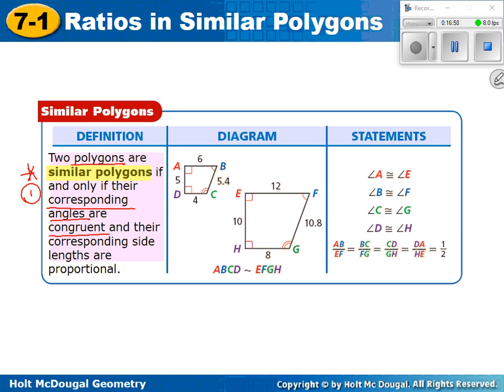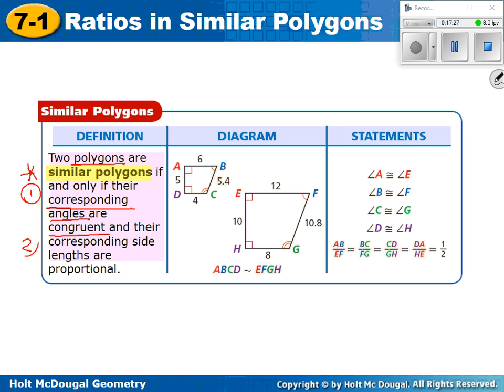The blueprint's going to be maybe an inch of length for the wall or 2 inches for the wall. You want your house to be maybe 10 feet or 9 feet or something like that. So the angles are going to stay congruent when you get bigger or smaller. Are the sides going to stay congruent? When your shapes get bigger or smaller, do the side lengths stay congruent? No. The side lengths are not going to be congruent. That's why they're not going to be congruent shapes.